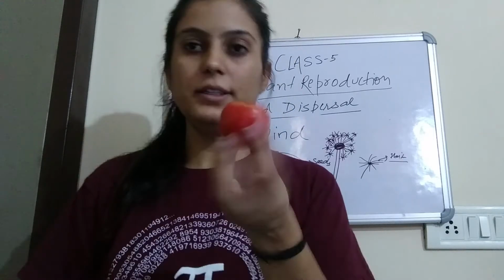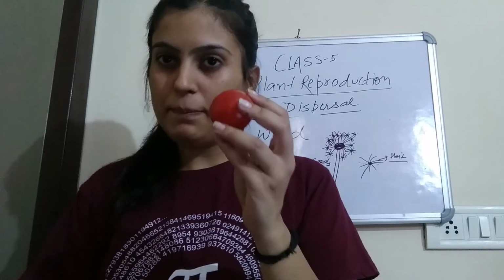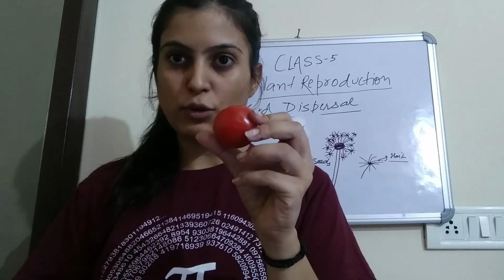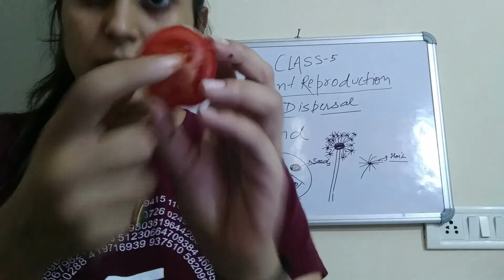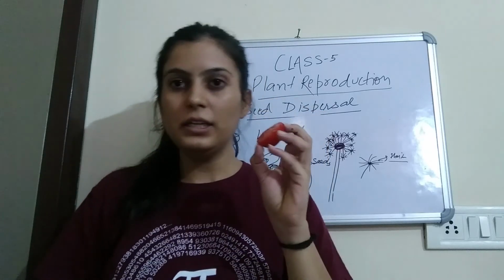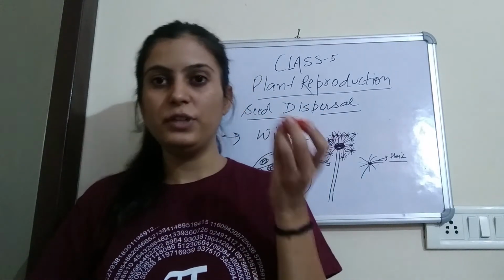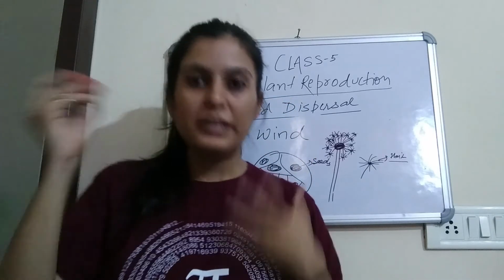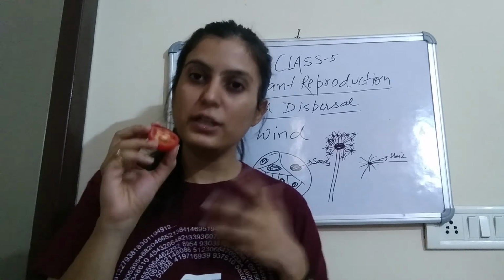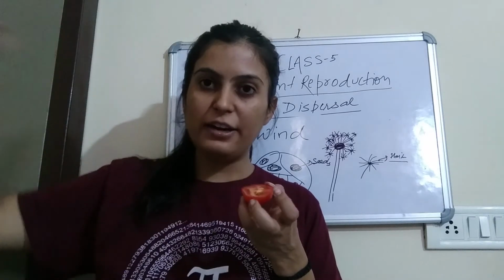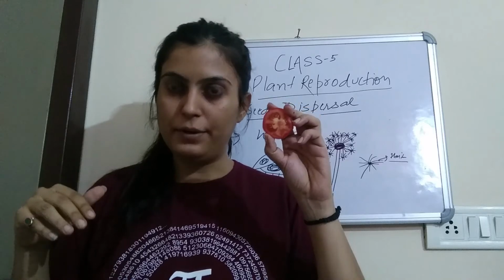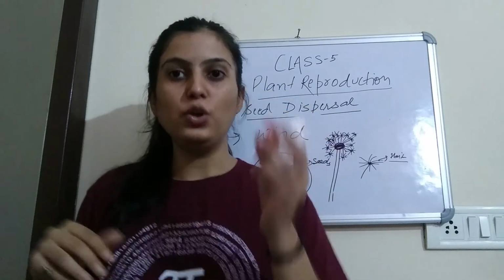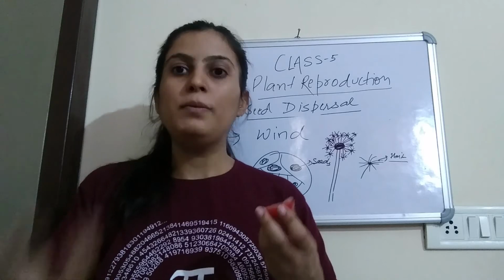For example, this is a tomato, right? If an animal eats this tomato, these are the seeds of tomato. When animals eat these fruits or vegetables which contain seeds, they throw these seeds at different places, and that's how these seeds reach different places and seed dispersal happens and plants grow into new plants basically.